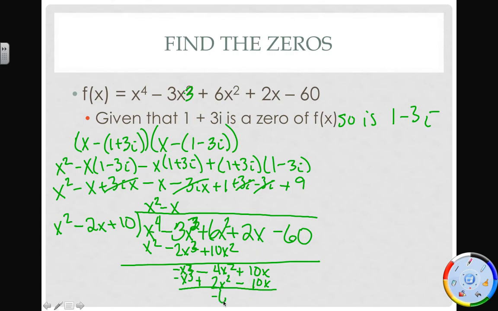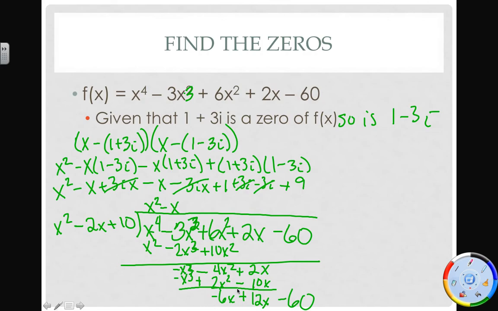So here I get a minus 6x squared plus 20x minus 60. Oh, where did that 10 come from? Jeez. I need somebody bopping me on the head, apparently. That's not a 10, that was a 2. All right. 2 minus negative 10 is a plus 12x.